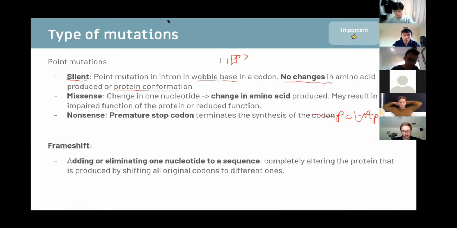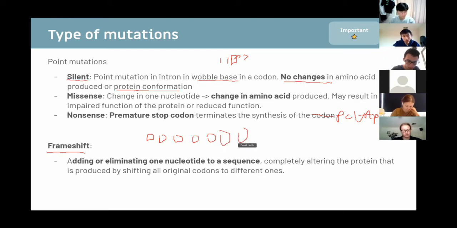There's also something called frame shift mutations, which is when a nucleotide is added or taken away from the sequence. So if you think you have 3 things here, let's do 4 here. Usually you read the first 3 in triplets, but what's happened is you've had a mutation that's taken this away, but then these 2 go together.